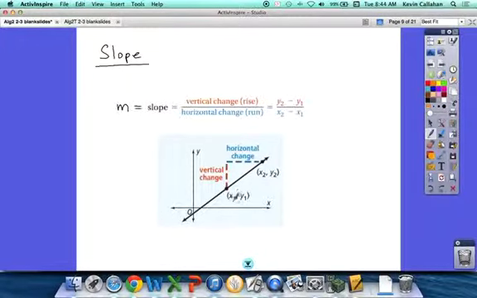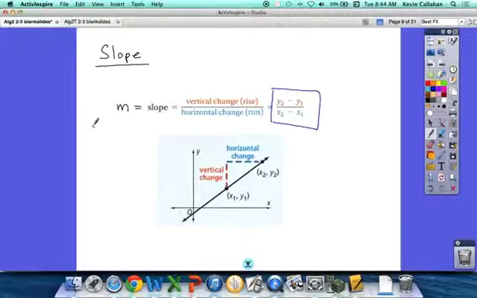The fact that we're using different subscripts, x1, y1, x2, y2, means it's 2 different points. And if you've got those 2 different points, you calculate the slope by this formula right here. y2 minus y1, that's the change of the vertical coordinate, divided by x2 minus x1, that's the change of the x coordinate, or the horizontal coordinate.